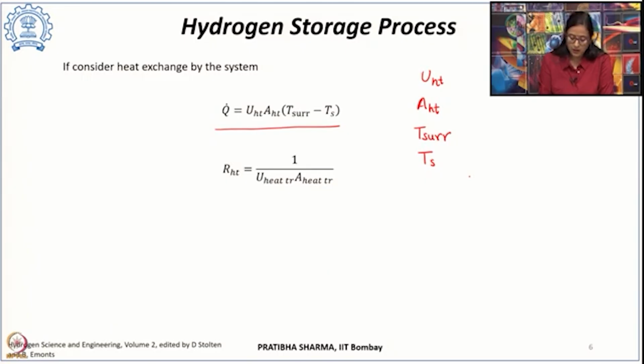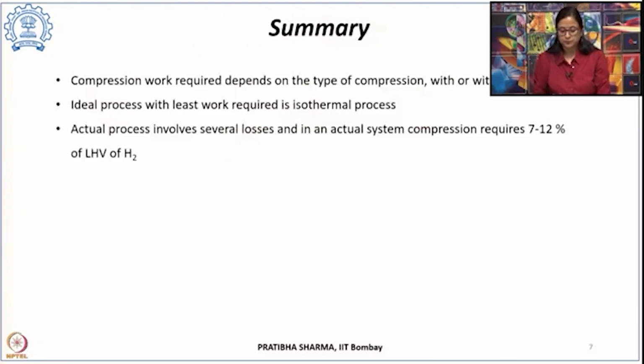And we can also find out the thermal resistance for the storage system as 1 upon the heat transfer coefficient and the area. So this is how we can model the hydrogen storage process.